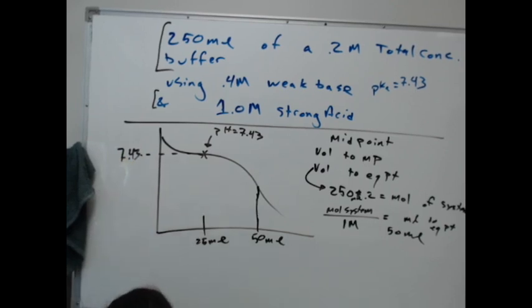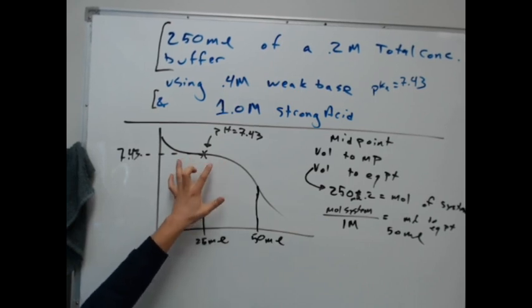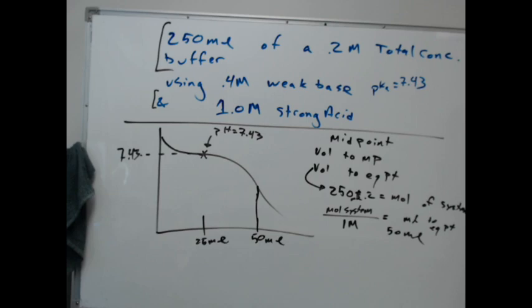Now, this gives us an idea of what kind of buffer capacity we'd expect. We expect something less than 50 mils. We expect any pH in this range is going to be something less than 50, and then depending on where it is relative to the midpoint, we can tell whether it's going to be above a pH of 7.43 or below a pH of 7.43.